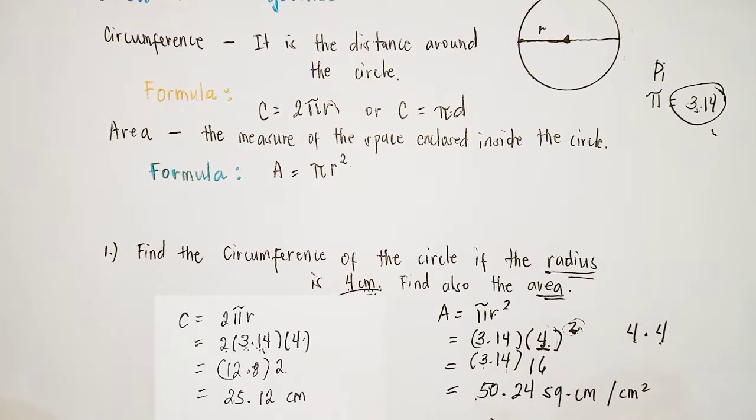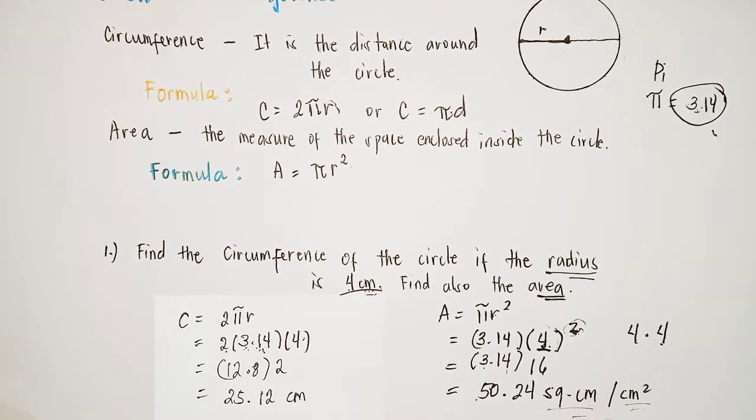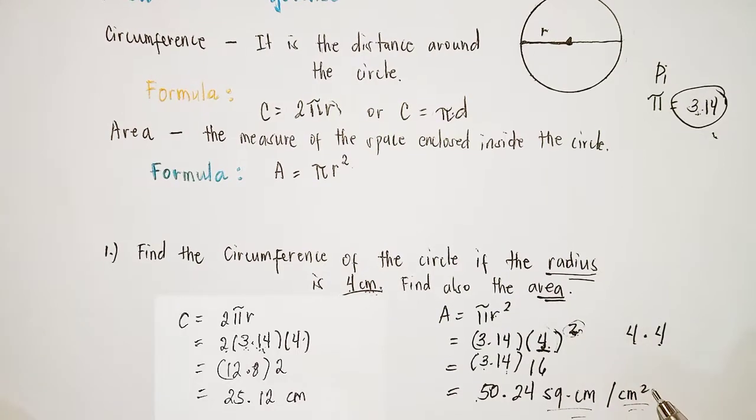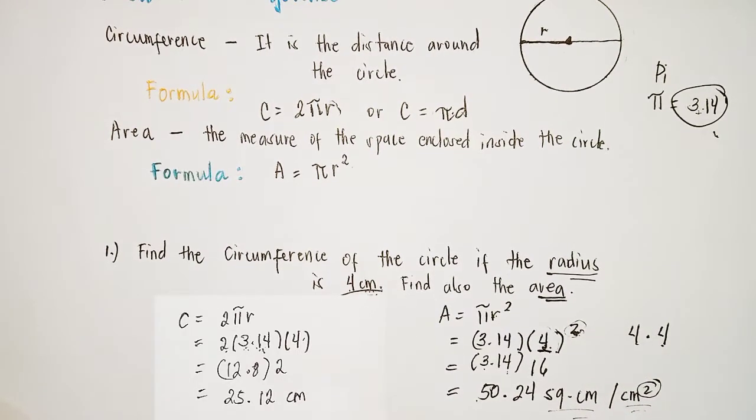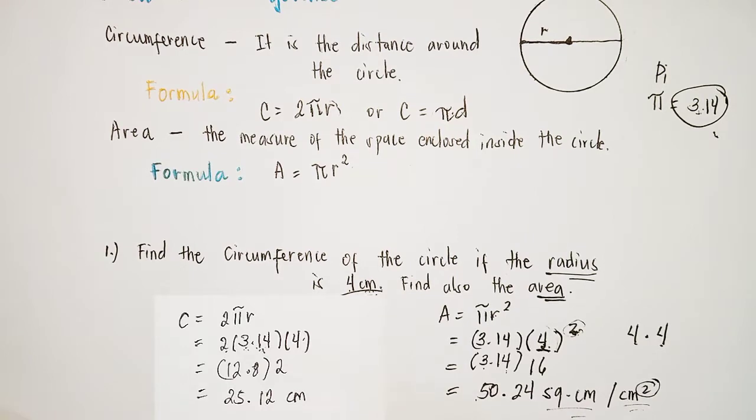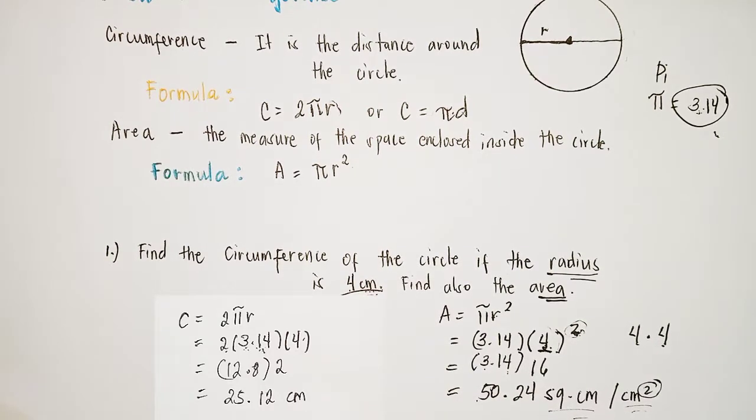Basta ang basa sa kanya is 50.24 square centimeter. Alright? Alin man sa dalawang to yung ilagay nyo na label. Basta palagi nyo tatandaan na kapag area ang hinahanap, palagi siyang mayroong square na nakalagay. Unlike dito sa circumference, since length lang ang hinahanap dito, therefore, centimeter lang or yung kung ano lang nakalagay sa given, yun lang yung ilalagay natin.